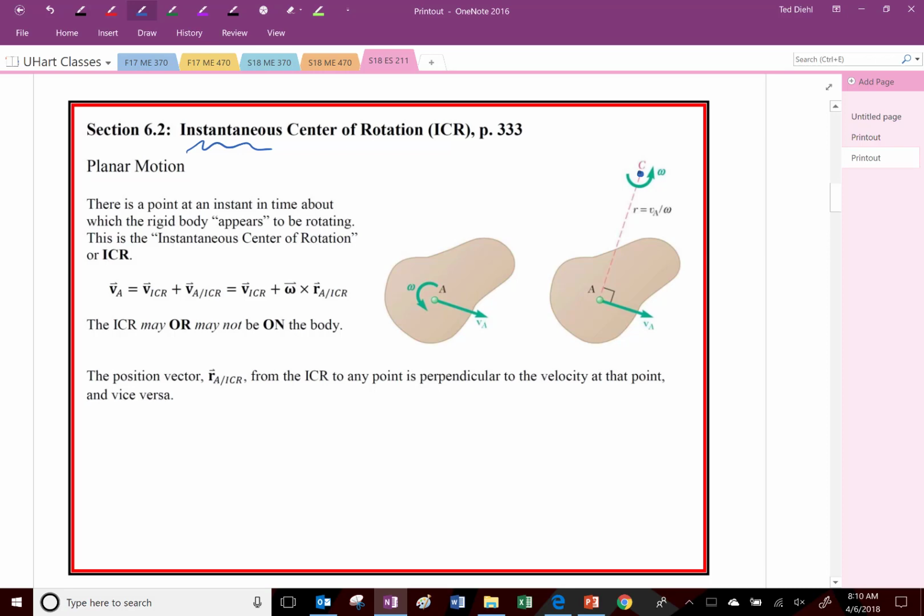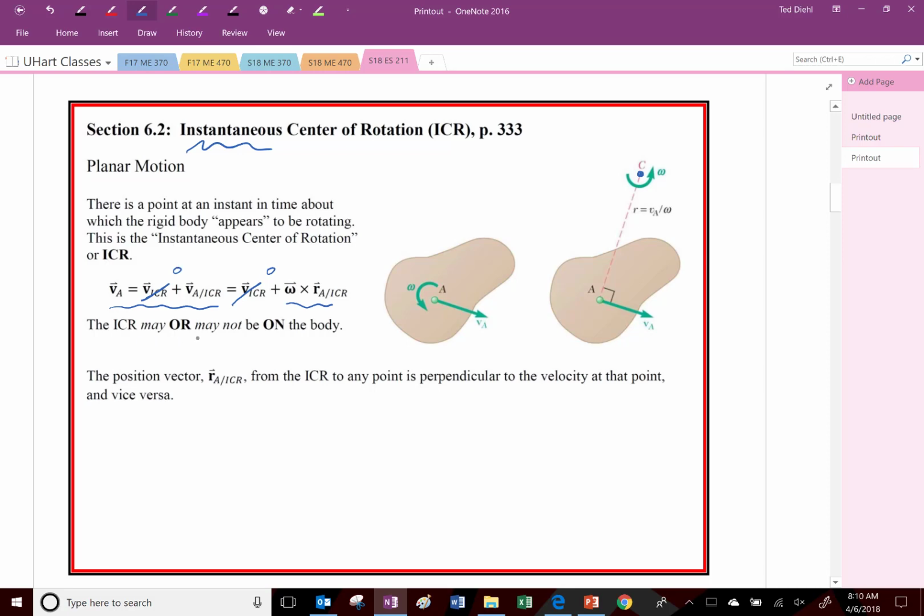And so that same general equation, that the velocity at a particular point is equal to the velocity of a reference point plus the relative velocity, which is made up of the rotational part, pivoting about that point, and the velocity at this ICR ends up being equal to 0.